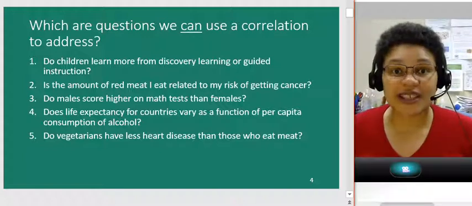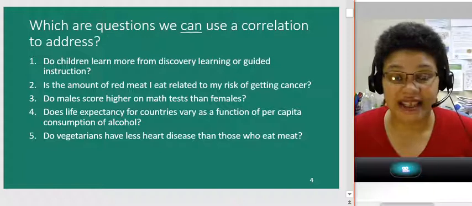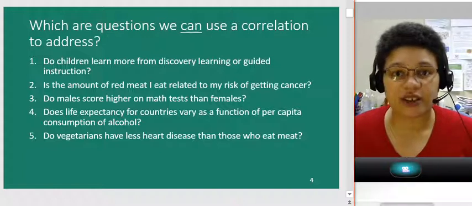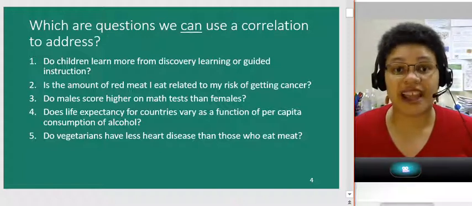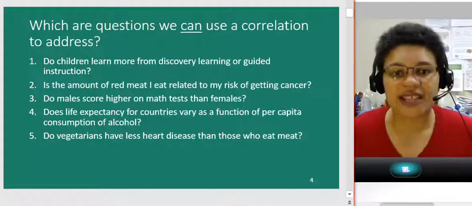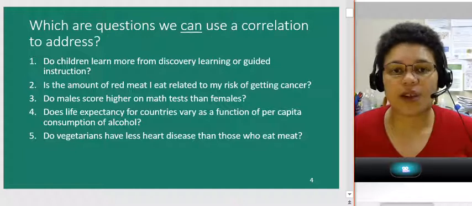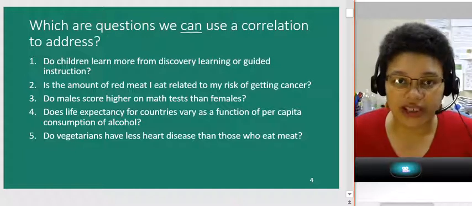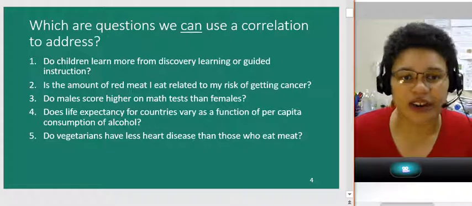Those two variables, yes, we could use correlation to address that. That's a very good example of the correlation you're going to learn about today, where you have two continuous variables and you're seeing if how one varies relates to how another varies.